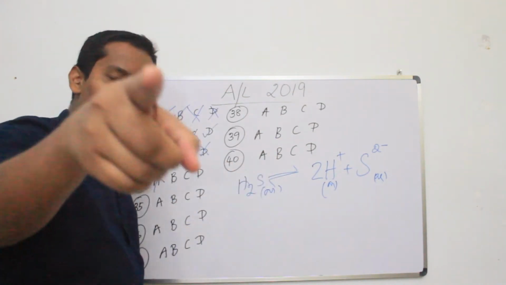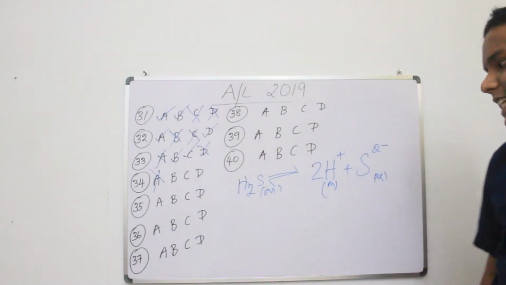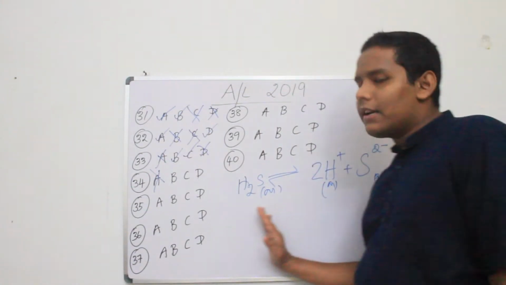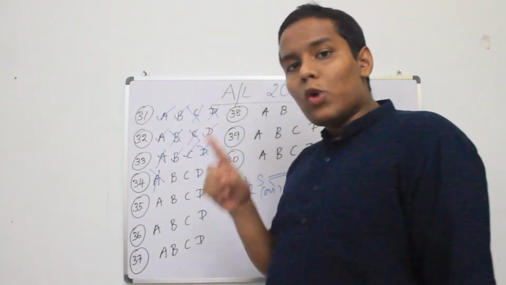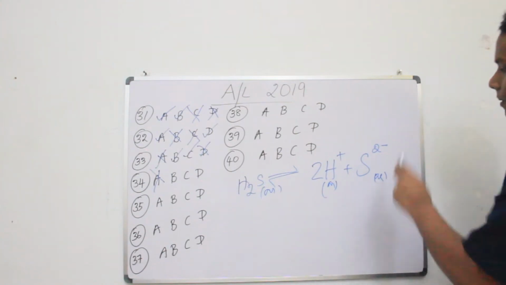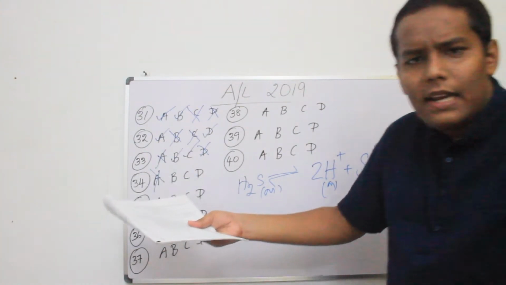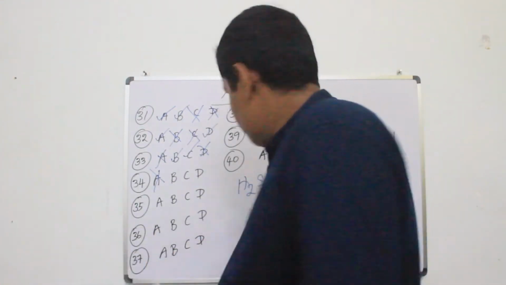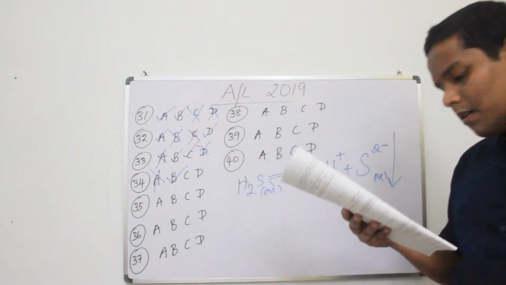For an exothermic reaction, if the temperature increases, according to Le Chatelier's principle, the backward reaction is favored. So if the backward reaction is favored, what should happen to the S2 minus concentration? It will drop. So B is correct.